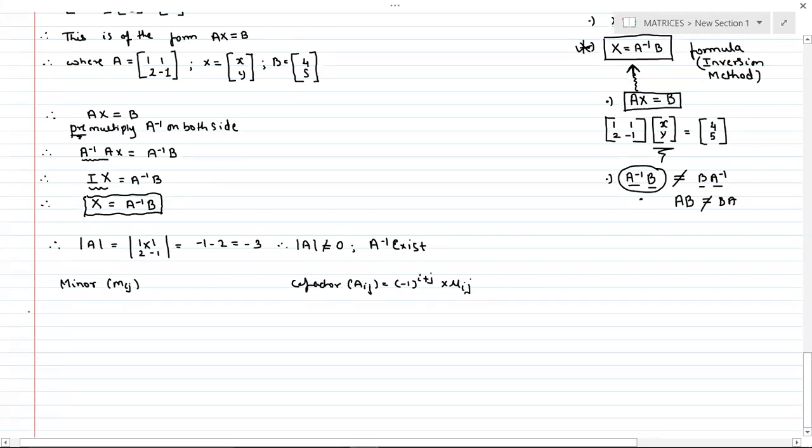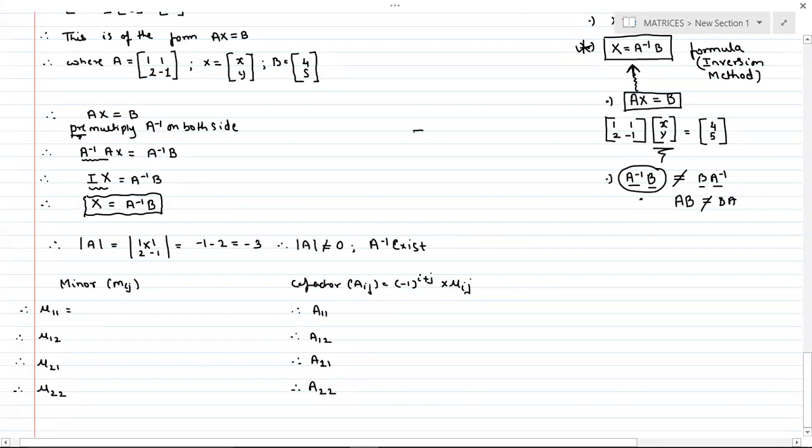First we'll find M11, then M12, then M21, then M22. 13 and 14 are not there. Here we'll find A11, then A12, A21, and then A22.